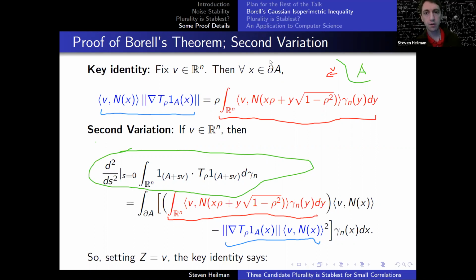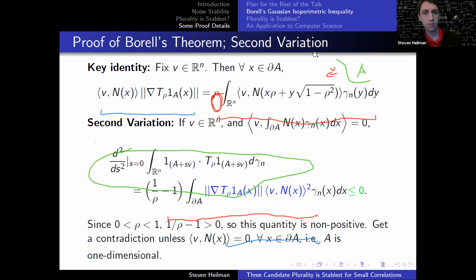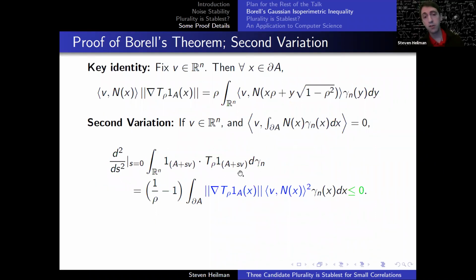How are they different though? They're not exactly the same. You get this factor rho here. So you put everything together. As we said, we had two terms that were the same.